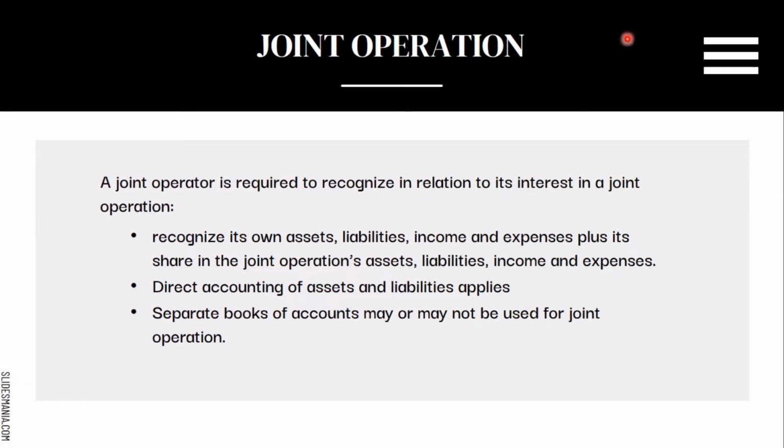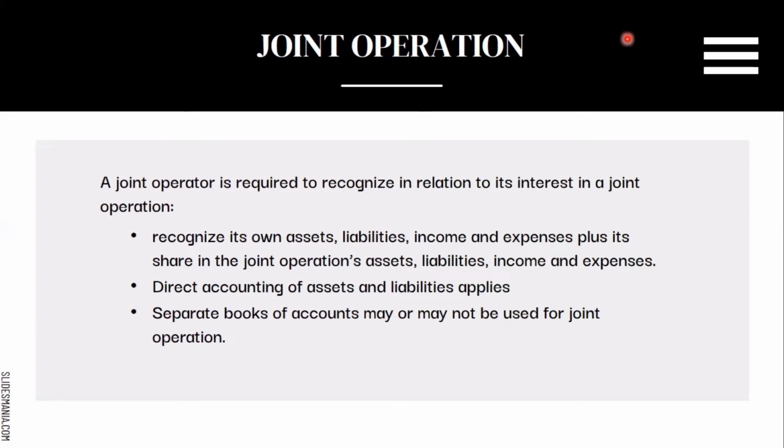In other words po, the joint operator must recognize their own assets, liabilities, income, and expenses plus yung share nila doon sa assets, sa liability, income, and expenses doon sa kanilang joint operation.